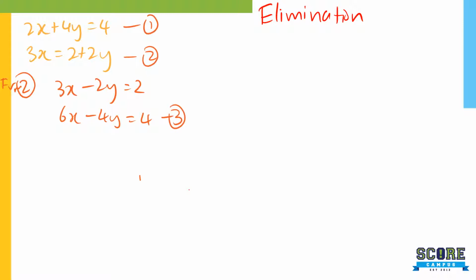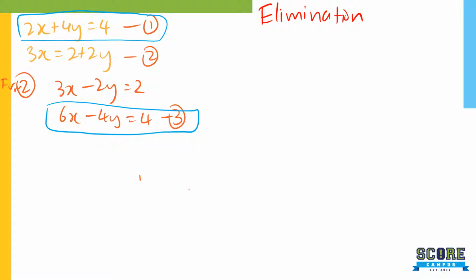Now if you compare equation 1 and equation 3, you will see that here you have plus 4y and here you have minus 4y. So if you add equations 1 and 3 together, you can cancel out the 4y.